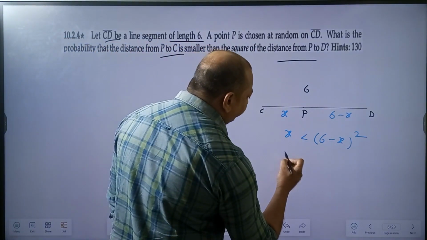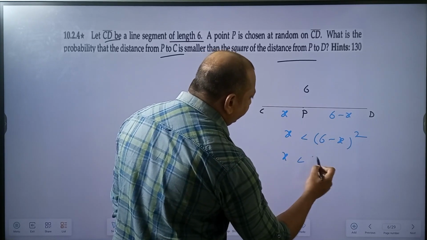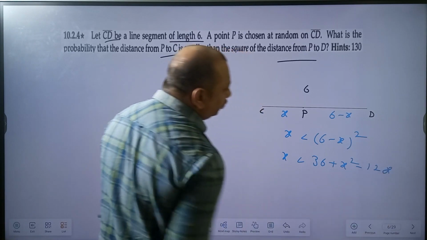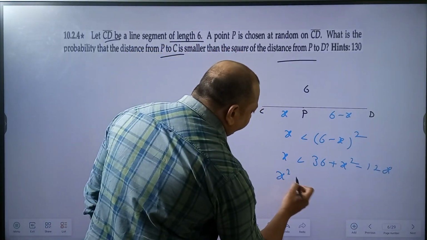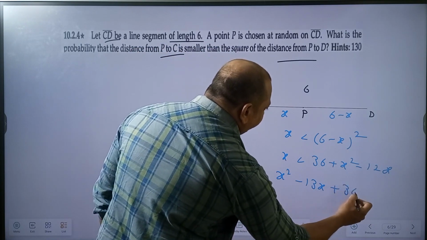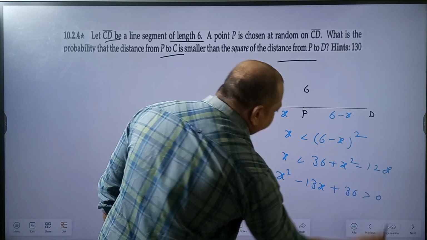X less than 36 plus X square minus 12X. So from this we have X square minus 13X plus 36 greater than 0.